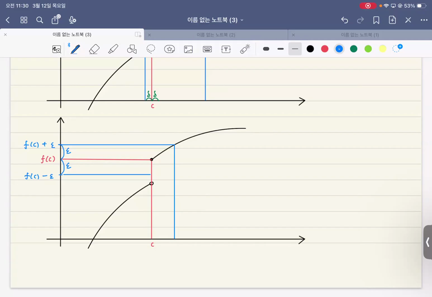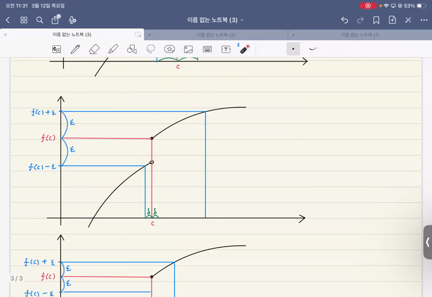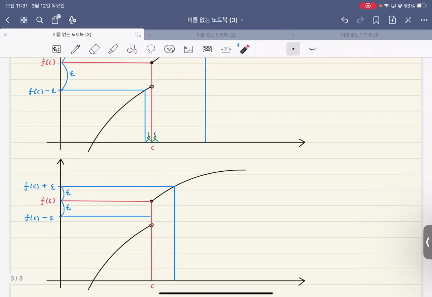The image of C minus delta and C plus delta cannot be in the range of f of C minus epsilon and f of C plus epsilon. So even though you were successful in finding your delta for this epsilon, you have failed to find such a delta for this epsilon.